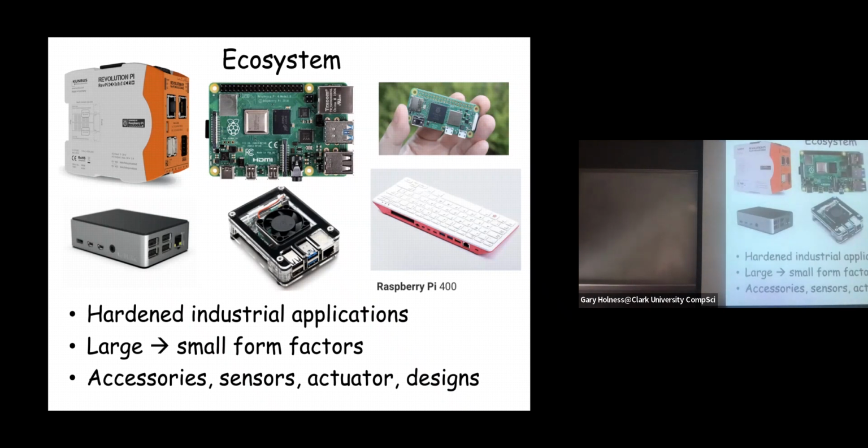I'll direct your attention to the upper left-hand side of the screen, this orange and white module up here. That is a Raspberry Pi that's been ruggedized and packaged to stand in an industrial environment. And there are organizations now doing factory automation, my brain's not working today, doing factory automation with the Raspberry Pi.